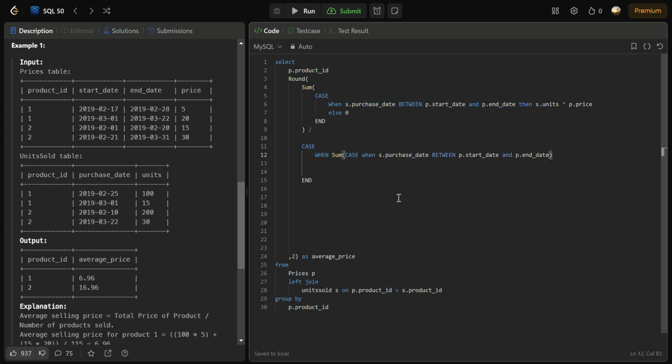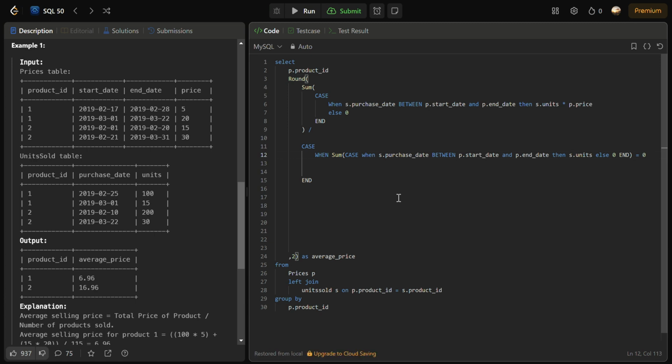Then we need that s dot units, else zero. We'll end it. First, we need to check this for division by zero.